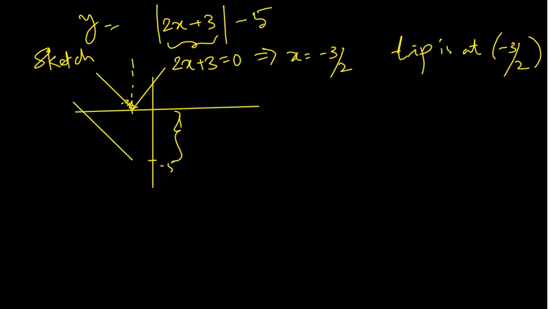This line is parallel to this, and this line is parallel to this. So shifted down. That's how it gets shifted down. So this graph is the one which we say mod of 2x plus 3 minus 5.